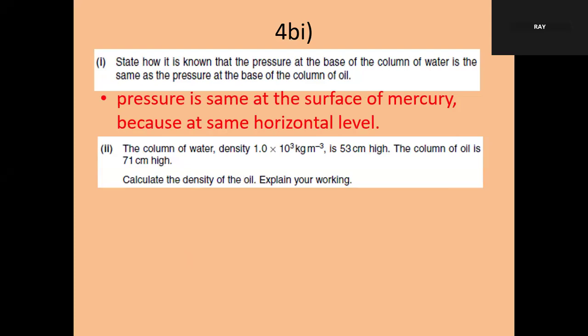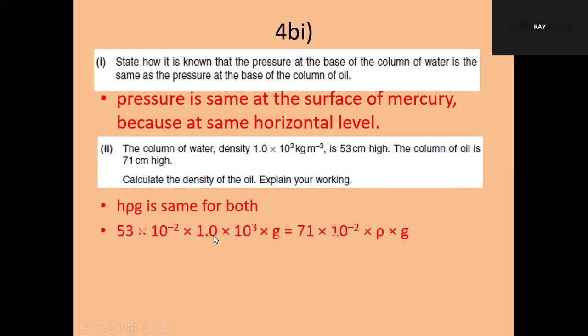Pressure is the same at the surface of mercury because it has the same horizontal level. Column of water, density given, 50 cm. Column of oil is 75 cm. Calculate density, explain the working. h rho g is the same for both.